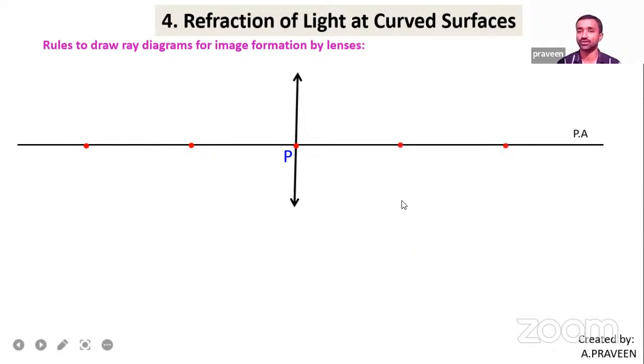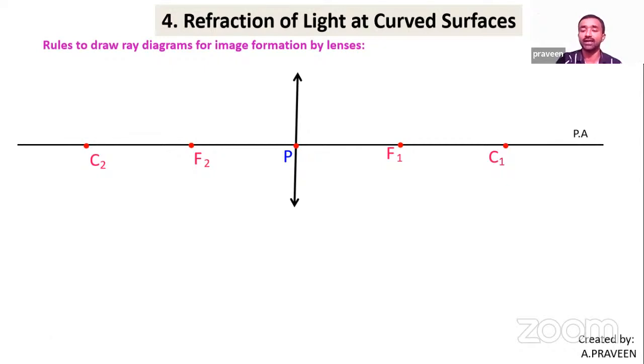The gap can be whatever is possible, depending on the paper length. Maintain the gaps equally. Then C1, C2, F1, F2, respective to the lens.